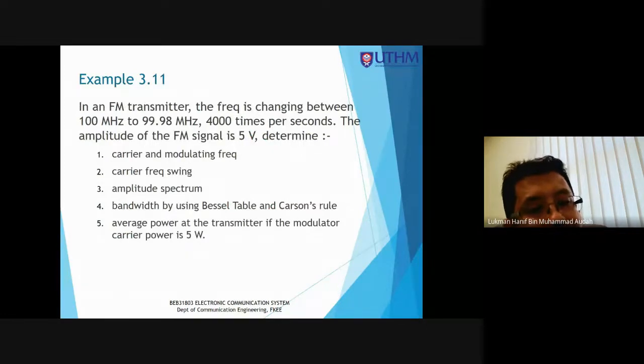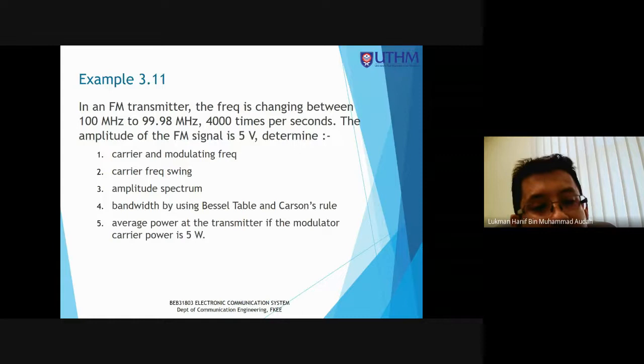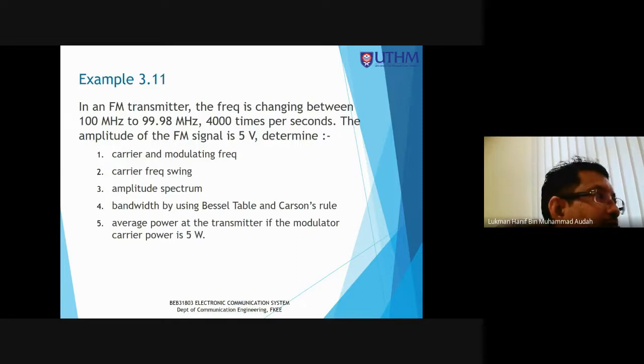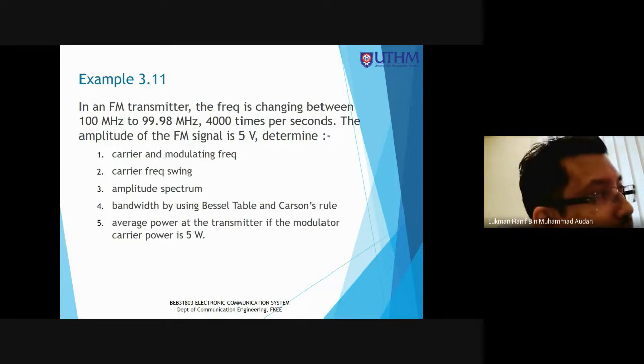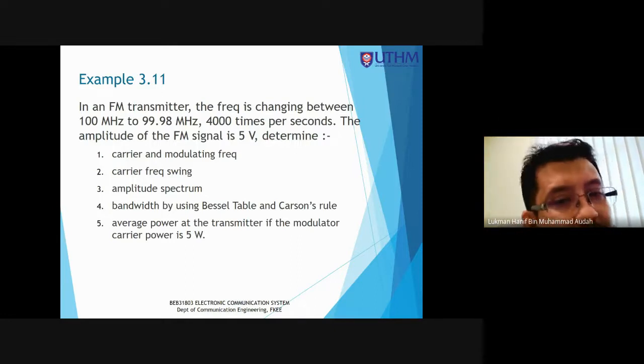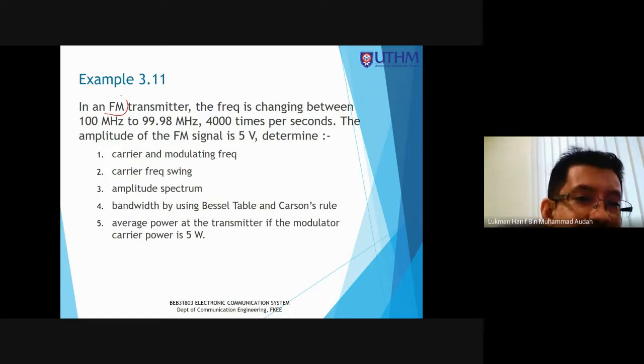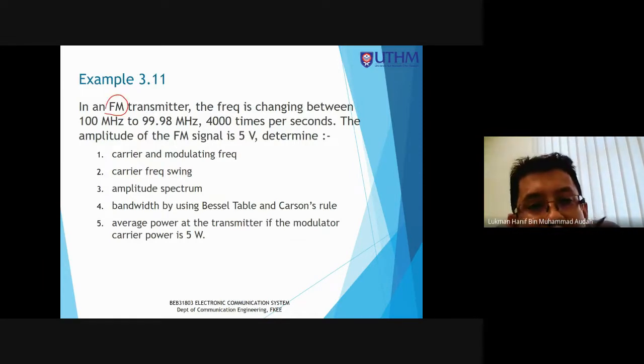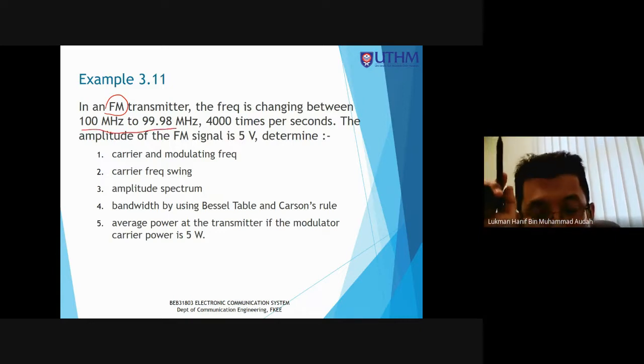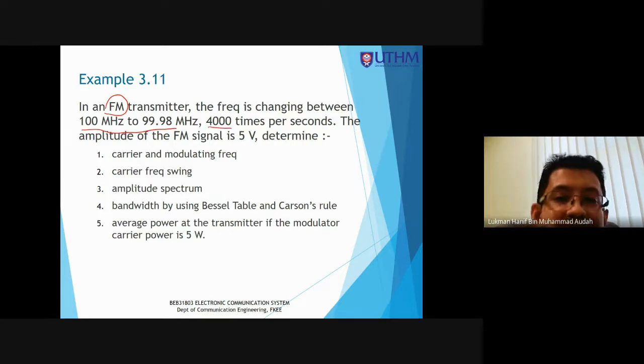This is more or less like the previous one, but here it asks about the amplitude spectrum. So in an FM transmitter, the keyword here is FM. The frequency is changing between 100 megahertz to 99.98 megahertz, 4,000 times per second.